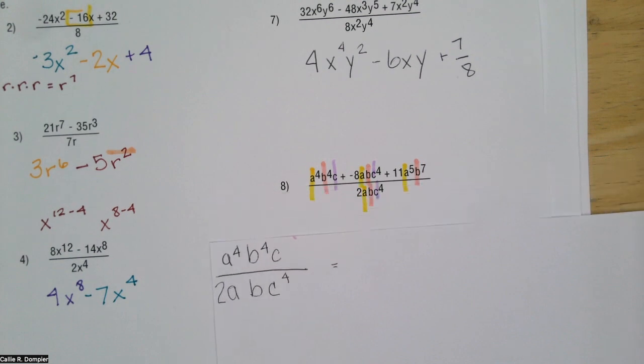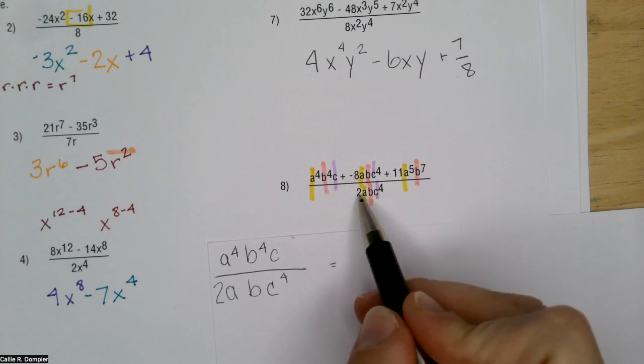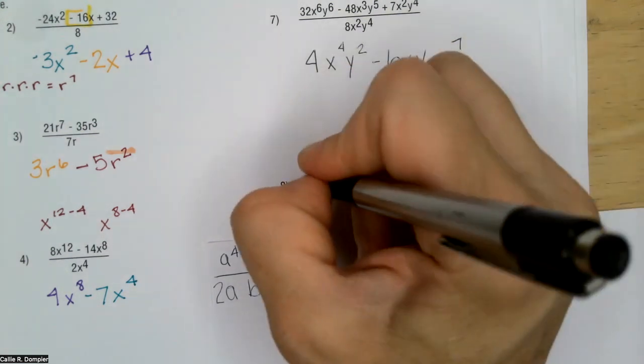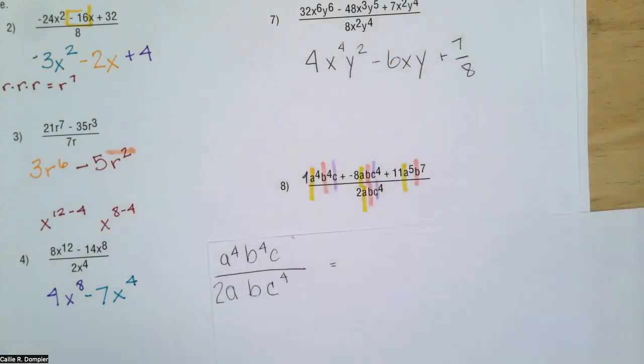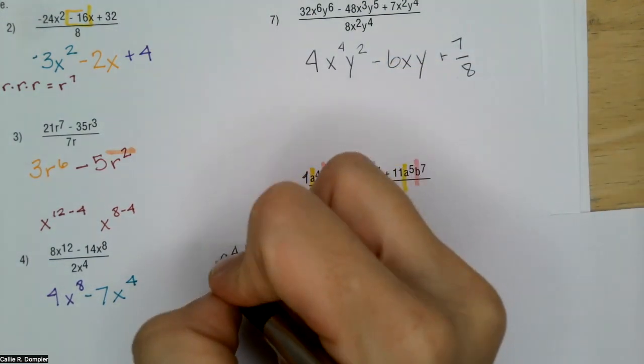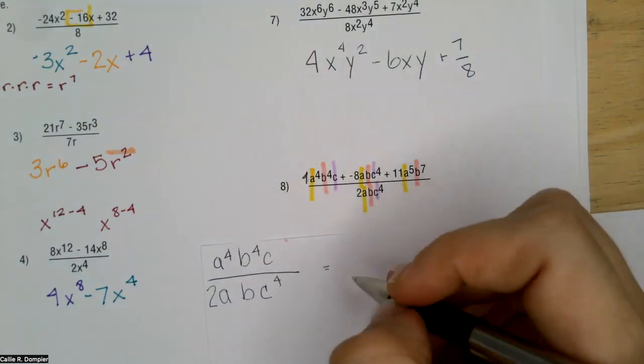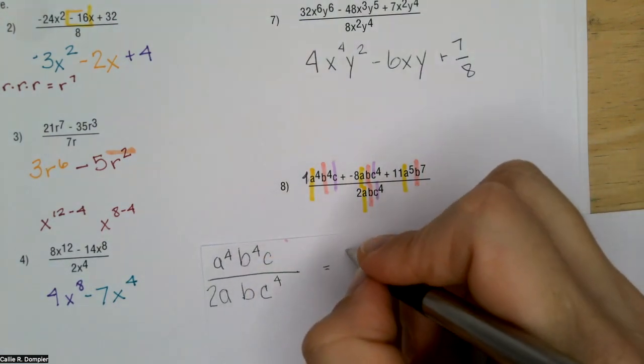Again, we were doing numbers separately, right? So the 8 and the negative 8 and the 2, the 11 and the 2. There's no number here. You can also put a 1 if you want.